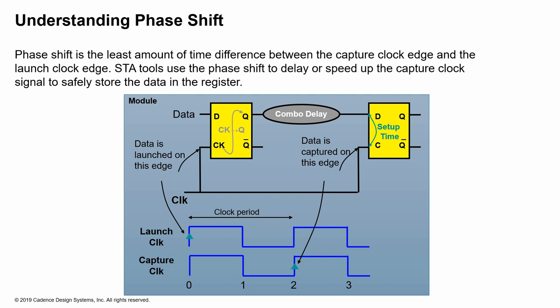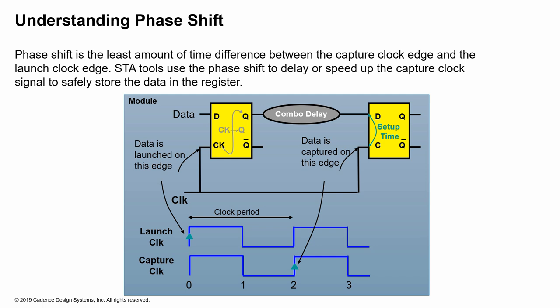All of those scenarios can cause different clocks for launch and different clocks for capture. In either case, in order to accurately depict what is happening in the tool, we can use a value of phase shift to transfer the data between a launch clock and capture clock.